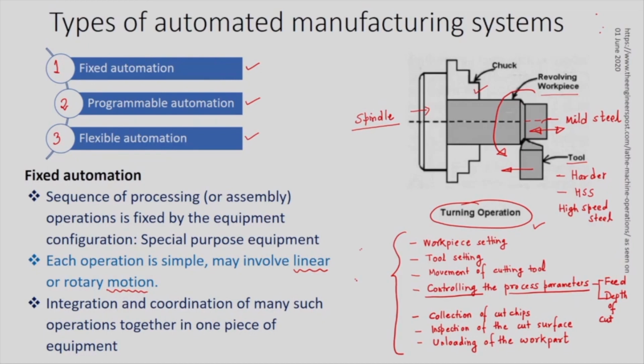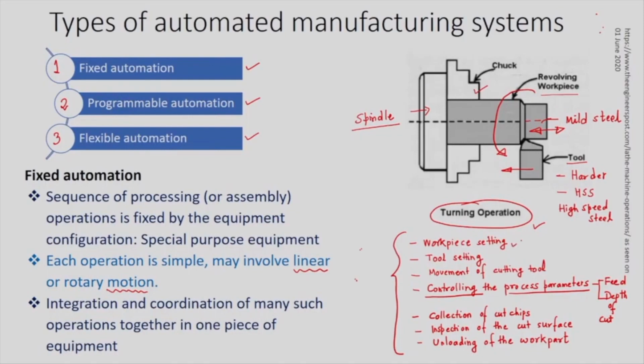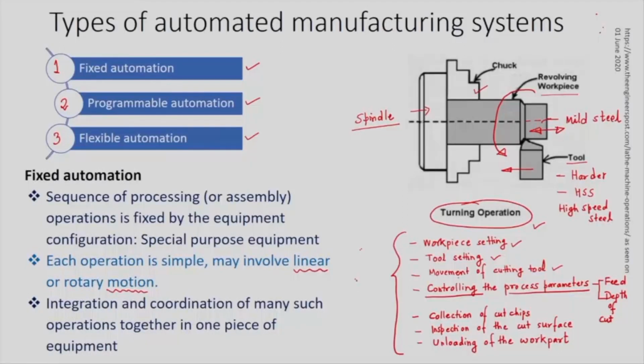So, when we try to make such an operation automatic, we have to carry out all these operations in an automatic way. Can we have a system, or an equipment, which will set the workpiece automatically, which will set the tool, and which will move the cutting tool automatically with respect to the workpiece?